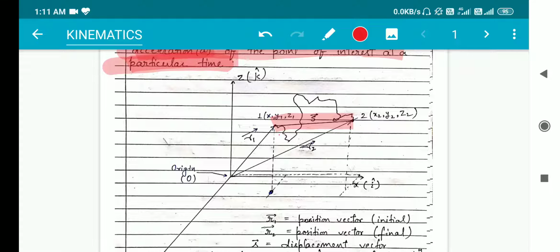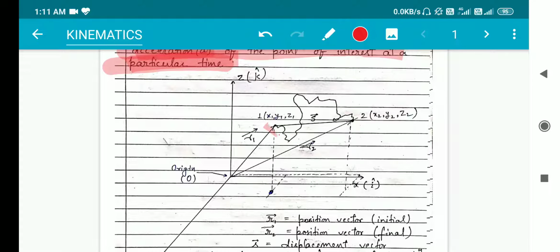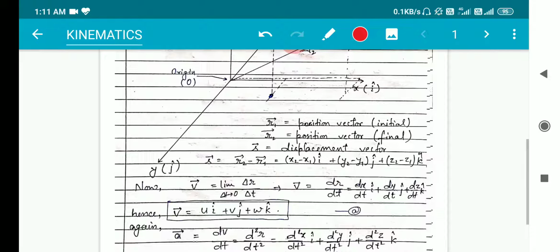The actual path traveled by the insect is known as distance. So r1 is the initial position vector, r2 is the final position vector, and S is the displacement vector.